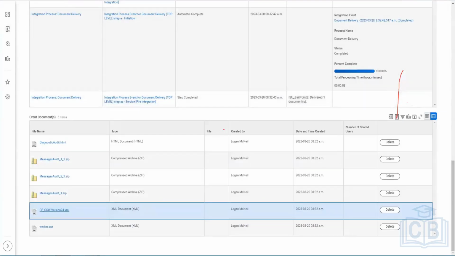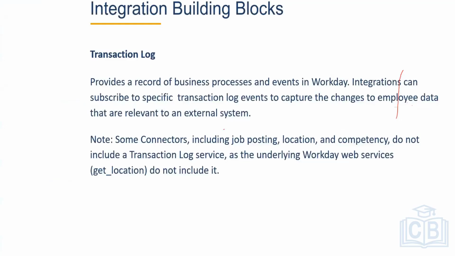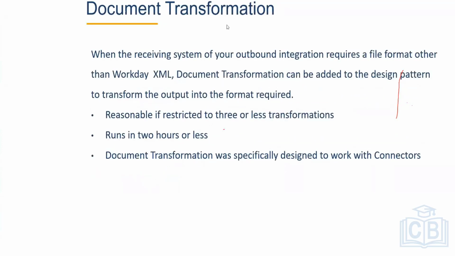Right, so the next part of our integration is document transformation. When the receiving system of your outbound integration requires a file format other than Workday XML, then you need a document transformation.